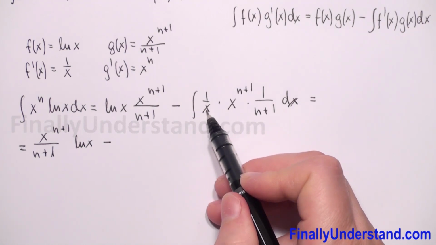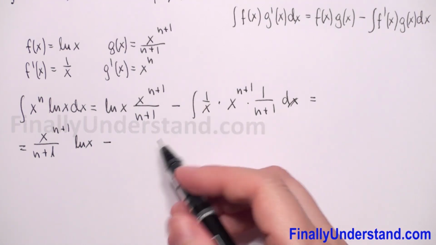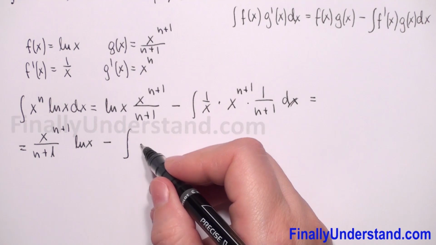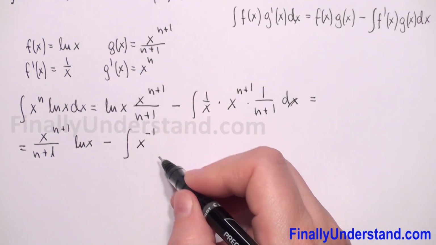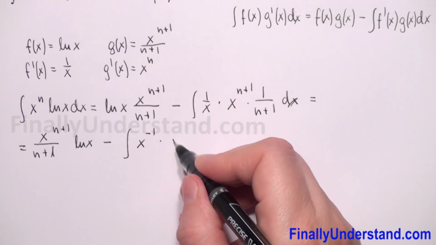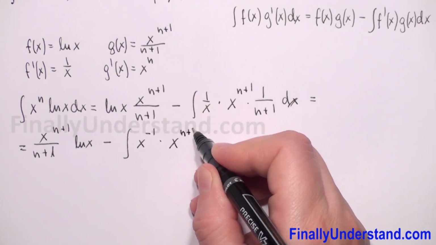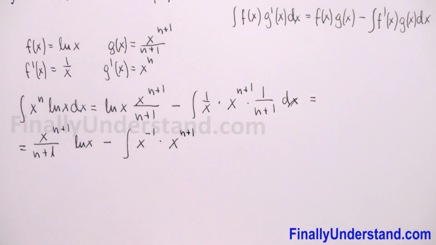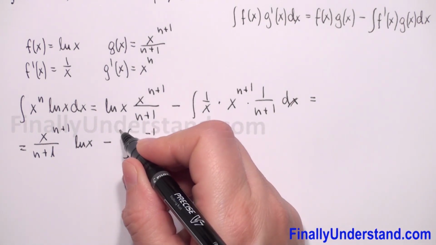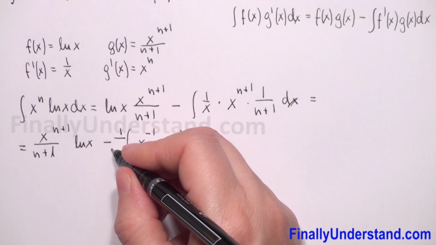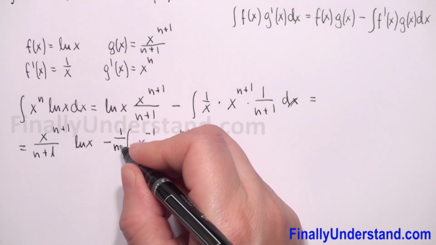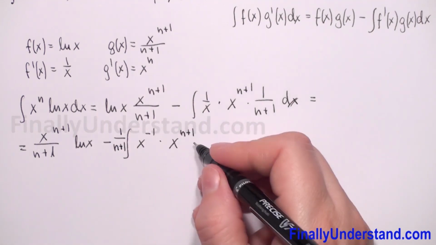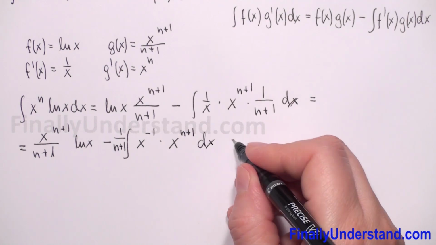Because we have 1 over x, we can change this to power, so it will be x to power negative 1 times x to power n plus 1, and 1 over n plus 1 is constant, so we can put before the integral symbol 1 over n plus 1. We have integral with respect to x.